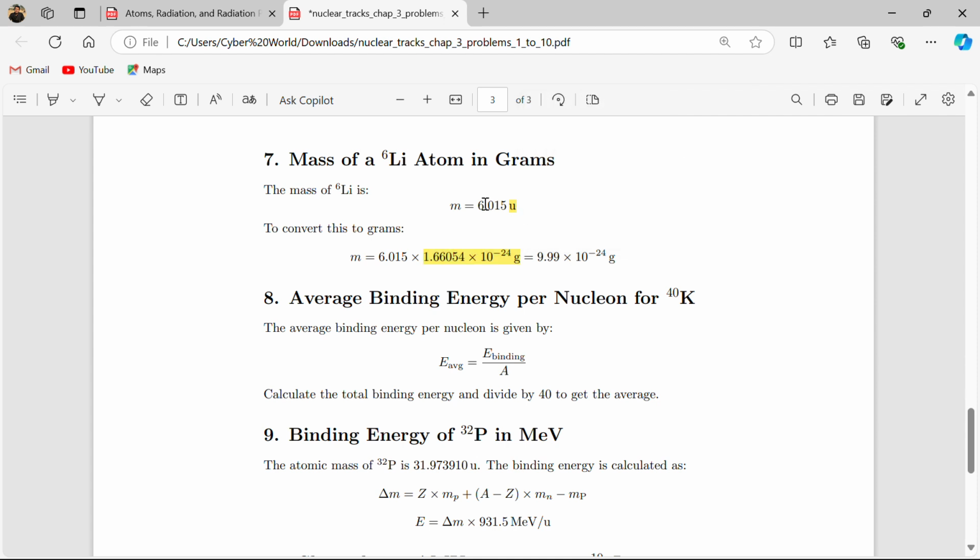And 1 u is equal to 1.66054 multiplied by 10 raised to power minus 27 kg. But in this problem we have to convert it into grams, so we multiply our mass by this value of u in grams. After multiplying, your final result is 9.99 times 10 raised to power minus 24 grams. So this is the mass of lithium in grams.